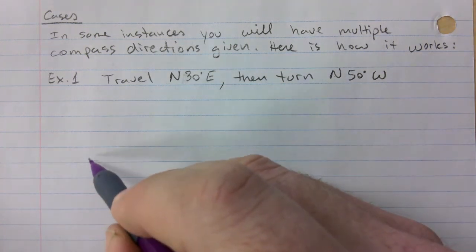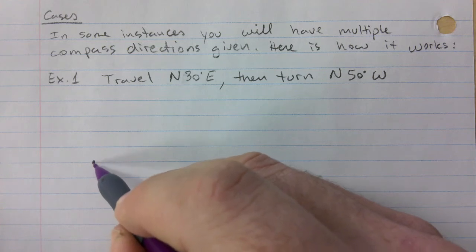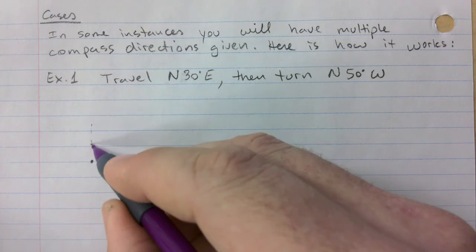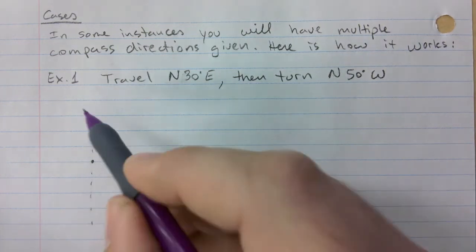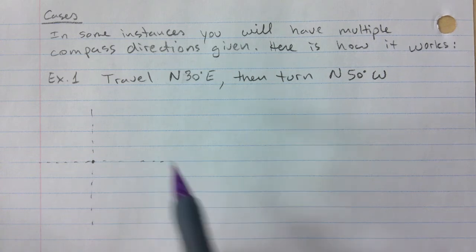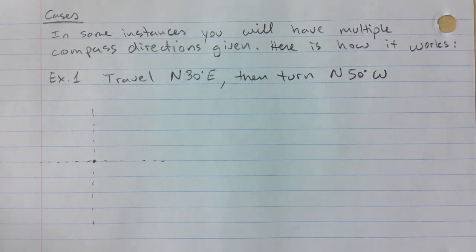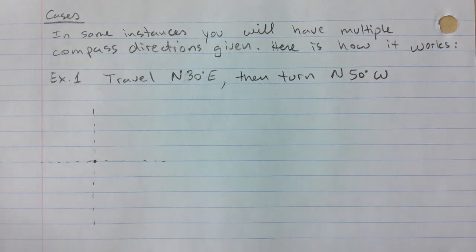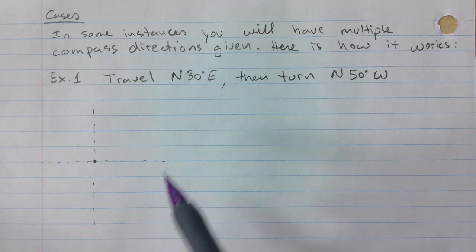But what you do is, let's say you are right here. You're starting there. Make your north-south, like an imaginary, right? We're imagining, right? Your compass directions are still there. And so you want to see which direction are you going to travel, okay?